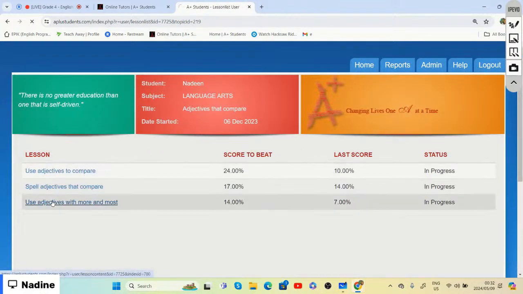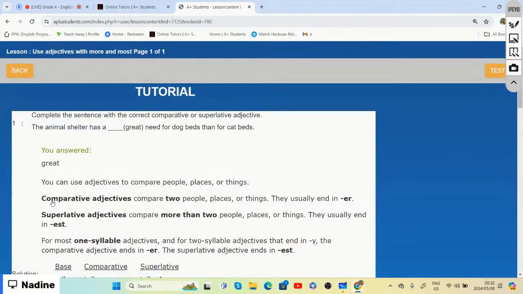All right, so now we're going to use adjectives with more and most. Remember I said this is a continuation of adjectives that compare, because in our previous lesson we did two of our lessons on using adjectives.